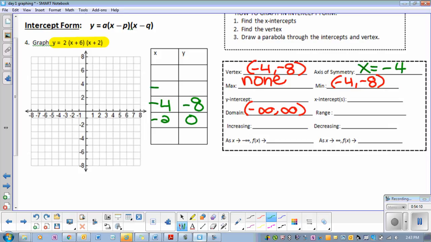Then -6, 0. And then what is this? 0, 24. Okay. Then that means -8, 24. Oh my goodness. Well, don't try to graph the crazy ones. Just do the -4, -8, -2, 0, and -6, 0.